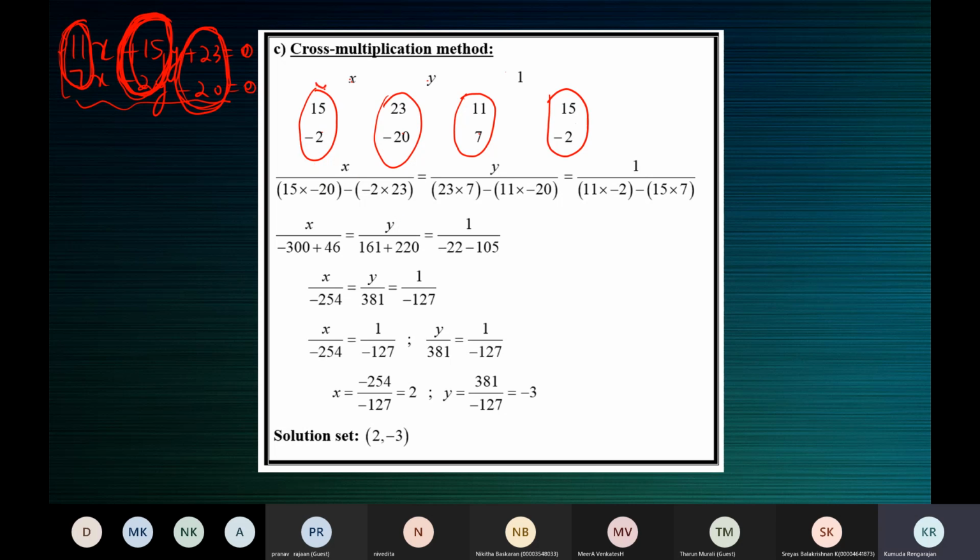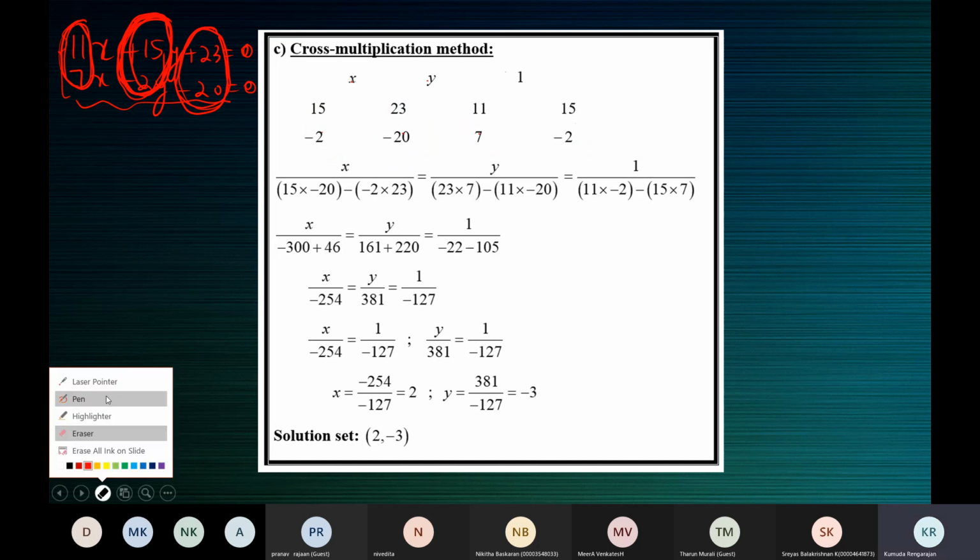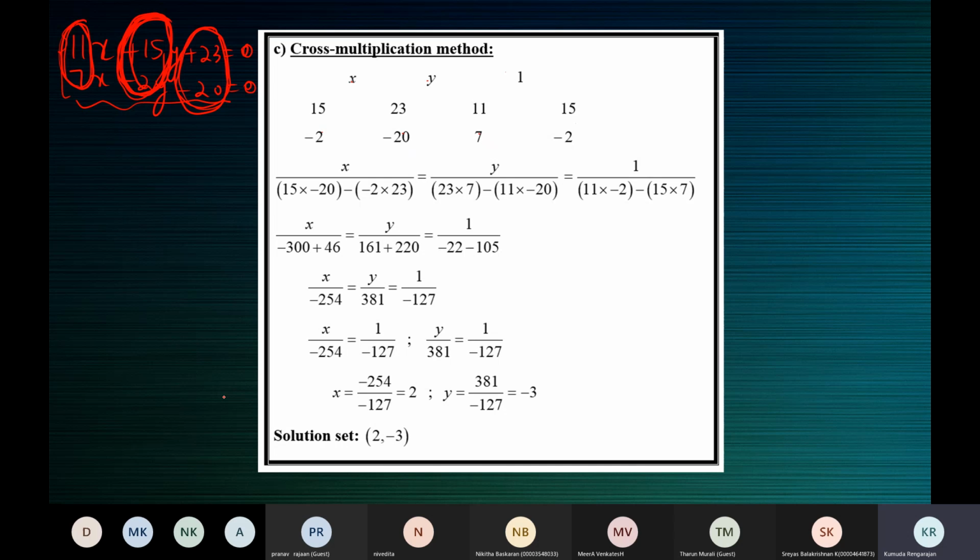We start with y, we end with y. And why is the heading x, y, and 1? Because all the terms are in the left hand side and on the right hand side we have 0. So x, y, 1. The alternate heading is x, y, minus 1. We'll see that in the next class.